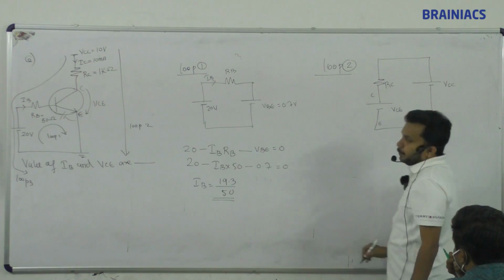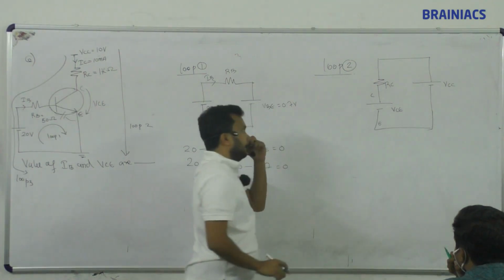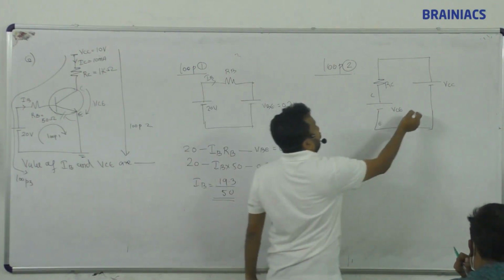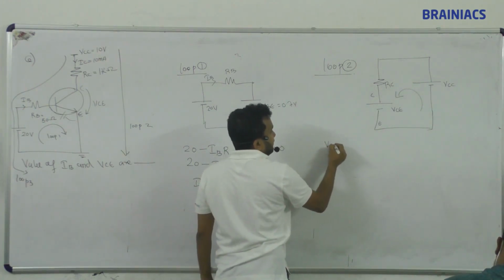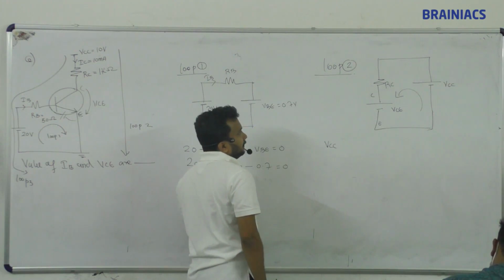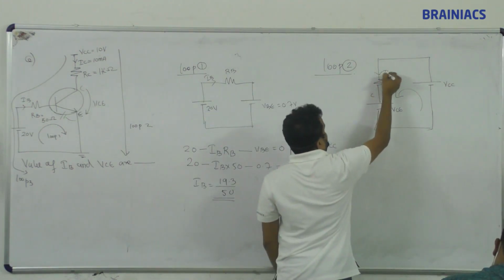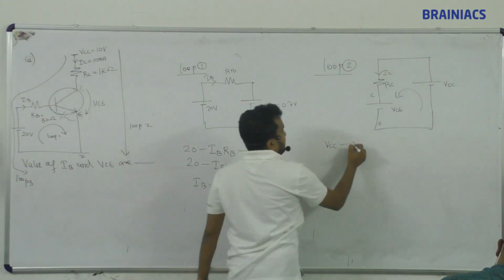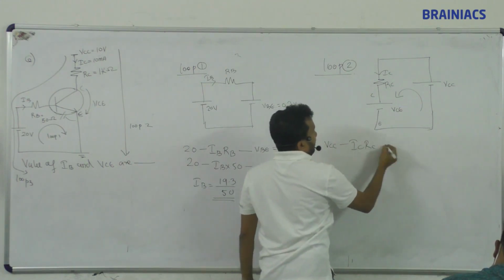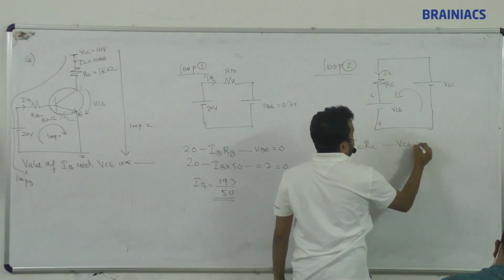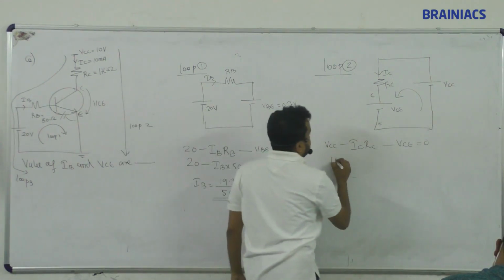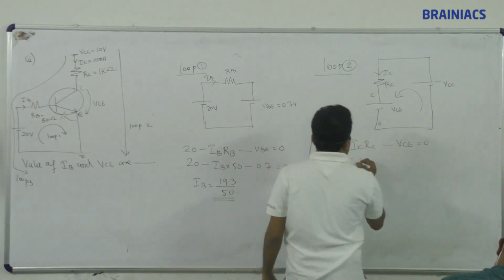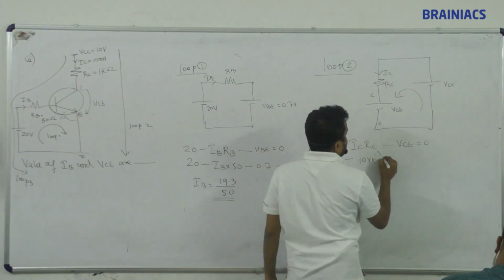Can you apply loop 2 and tell me the equation? Loop 2 will move like this. Tell me the loop equation. VCC minus current IC times RC minus VCE equal to 0. VCC is given in the question as 10 volt. IC is given as 10 milliampere, so 10 into 10 power minus 3.